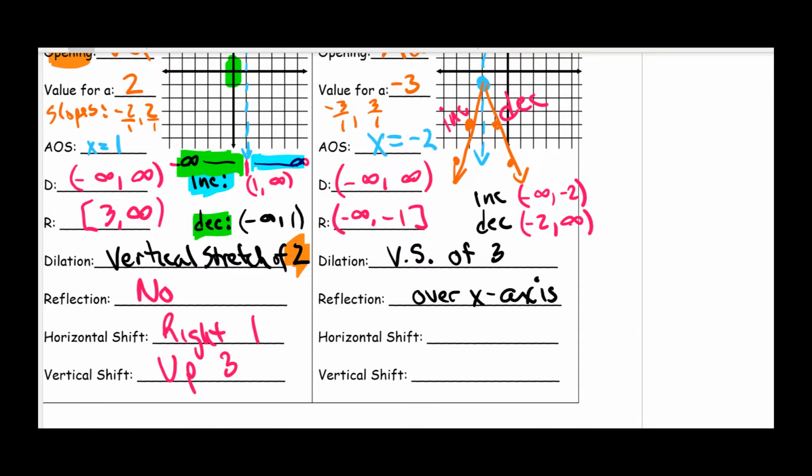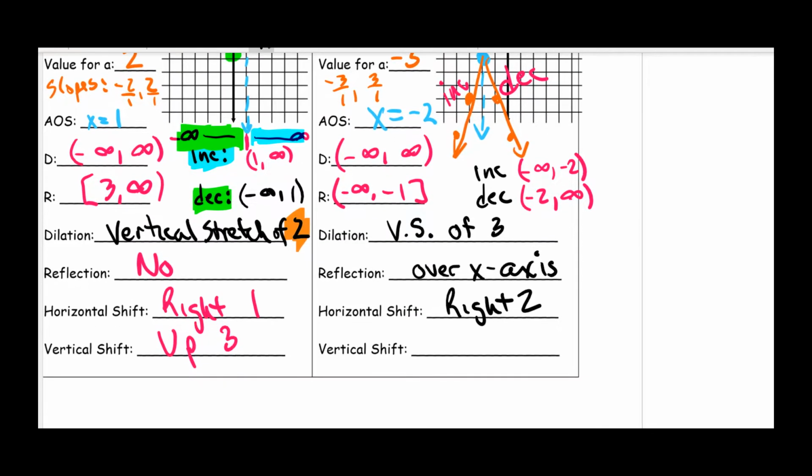Now the horizontal shift, again, when we take a look at the AOS, that is 2 units to the left of the line x equals 0. And then the vertical shift, we actually went down 1.